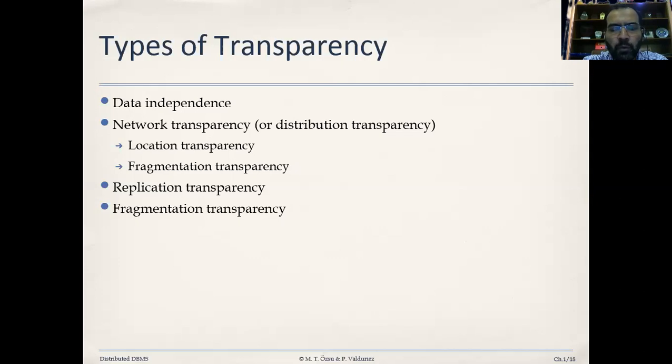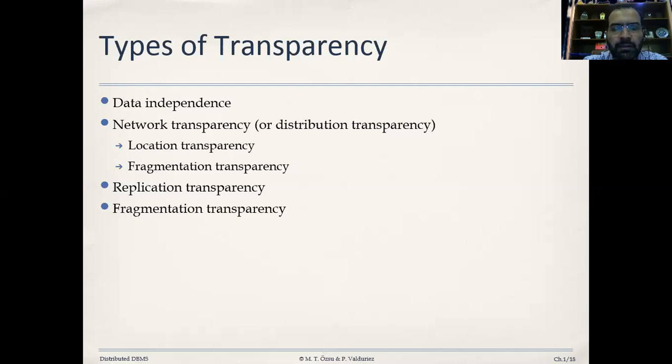So whenever you go for fragmentation in a relational database environment, it means that you have to break the relation, either vertically or horizontally. If you go for horizontal fragmentation, or in other words, normally we say horizontal slicing, it means that you are dividing the relation in terms of records.